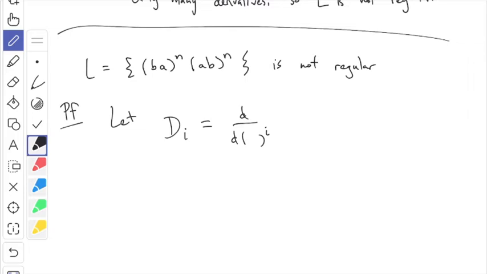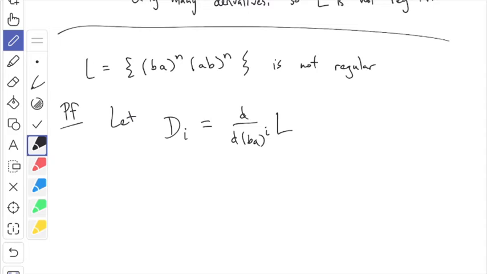Any ideas for this one? BA to the i, yeah. So BA to the 1 will remove that first BA, then BA to the 2 will remove 2 of them, and so on. It's not so hard to look at the format of your set and decide what derivatives you're supposed to be taking to show that it's not regular.